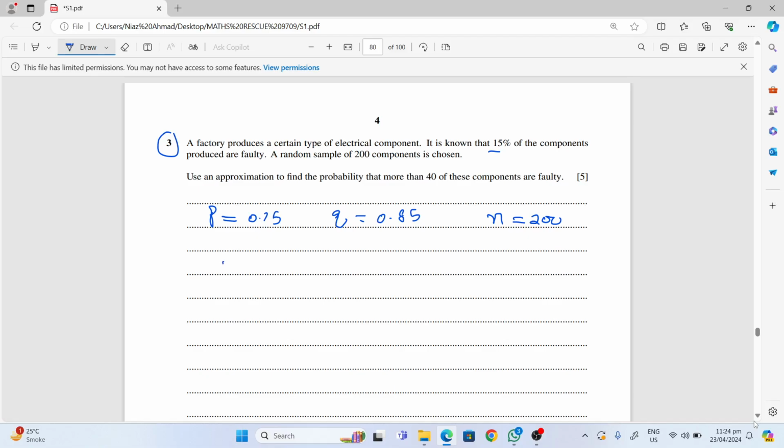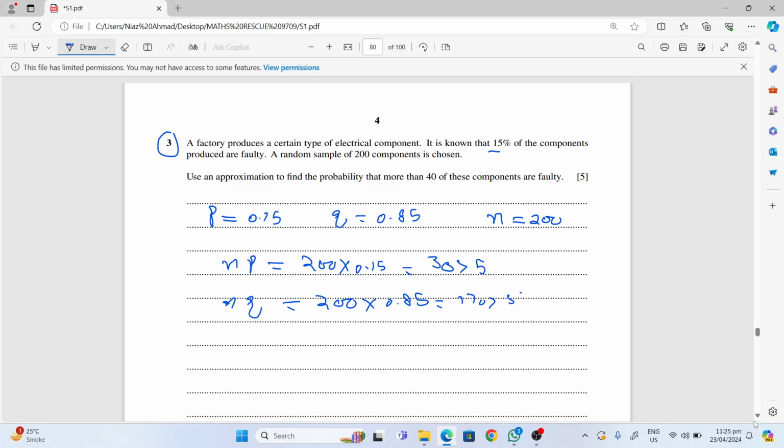So get NP first. N is 200 multiplied by 0.15, so it is giving you 30, that is greater than 5. Now get NQ, that is 200 into 0.85, is giving you 170, that is greater than 5.